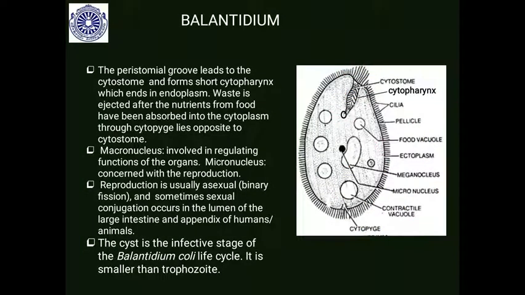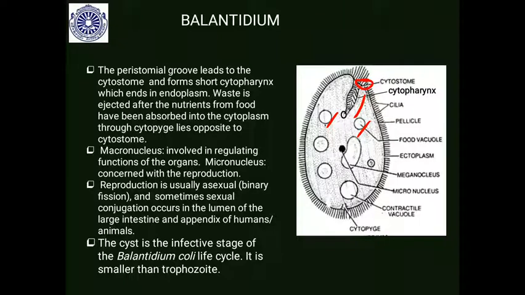So this is the diagram of Balantidium. There is a mouth, the cytostome, which you will be able to see. Through that the food is taken inside and goes to the cytopharynx, and it is released into the endoplasm or cytoplasm in the form of food vacuoles. So this is how the food is transported to the cytoplasm.